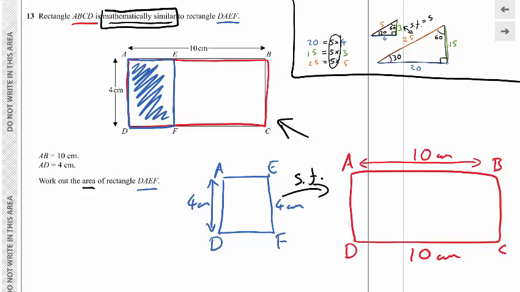I also know that this side length here is 4 centimetres, which means that this side length here is also 4 centimetres. So if they're mathematically similar, all it means is this rectangle here, if I multiply it by some scale factor, I will get this rectangle here. At the moment, it doesn't really look like the triangles example I had up here. It's not necessarily that obvious.